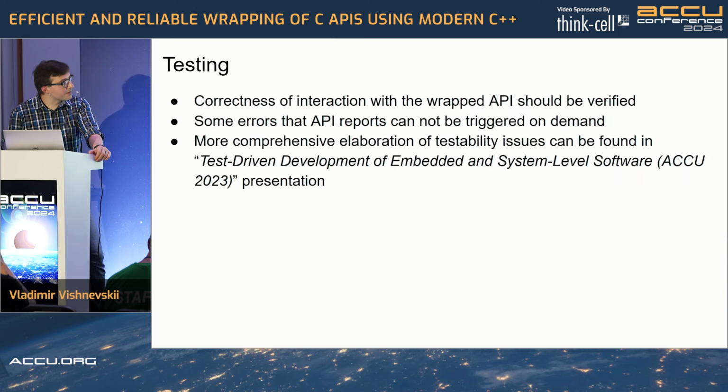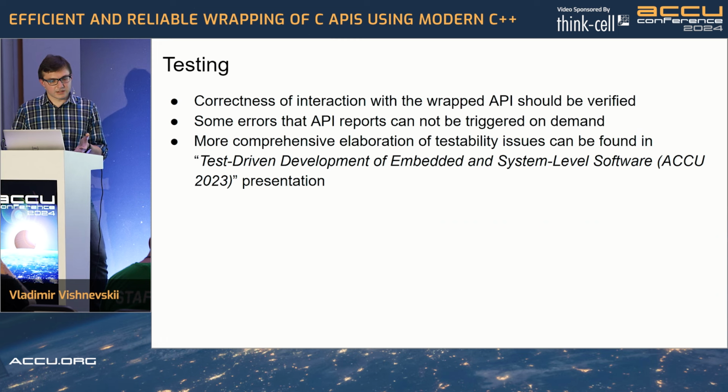We need to verify correctness of interaction with the wrapped API. Why? Because we want to protect the client from some errors, and we also do not want to make those errors within our wrapper code.